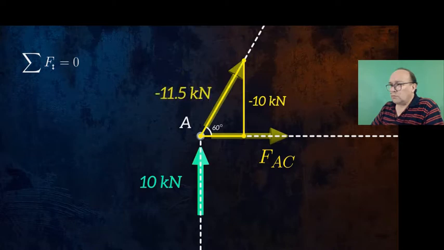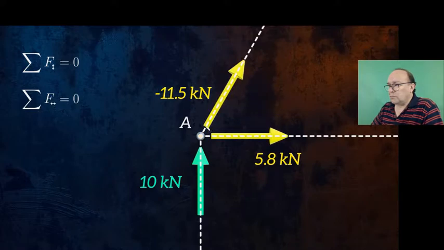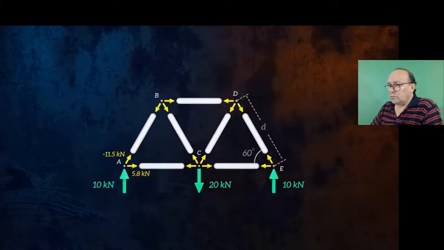Taking equilibrium of the horizontal forces, we get that the force FAC must balance the horizontal component of the force FAB, and so is equal to 5.8 kilonewtons. That's all of the forces acting on joint A calculated. The force in each member is constant, and so we now also know the forces acting on the joints at the other ends of these two members.